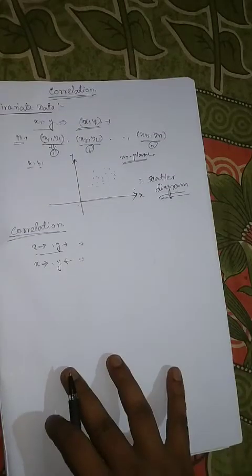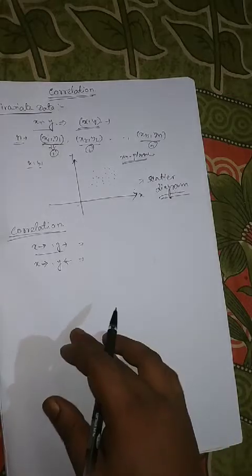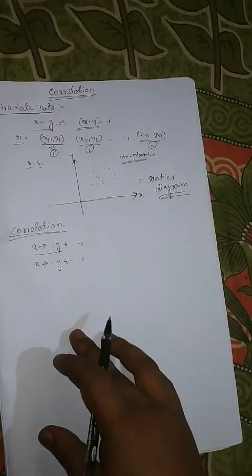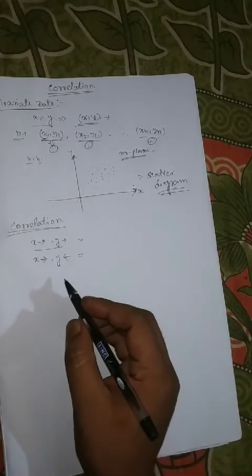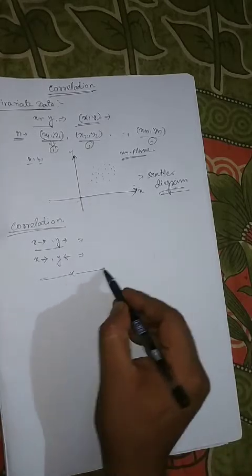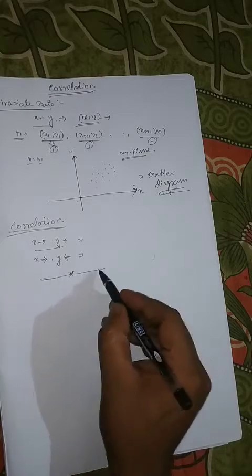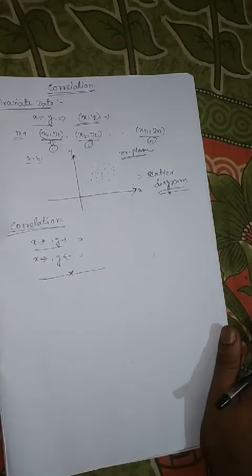These are the types of correlation. Now, measurement of correlation, how to measure the correlation, this is the important part. There are two types of measurement of correlation.